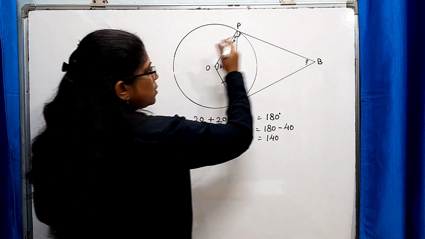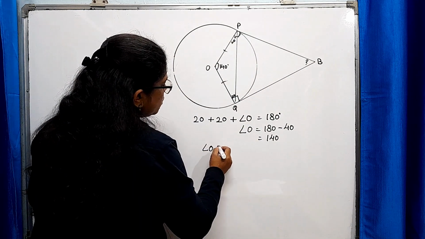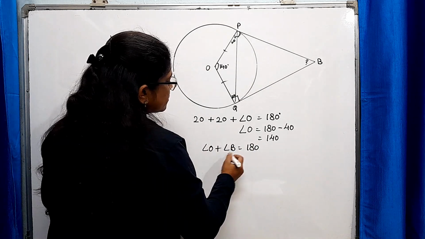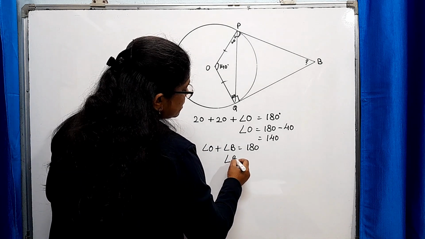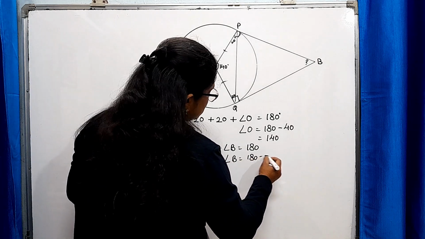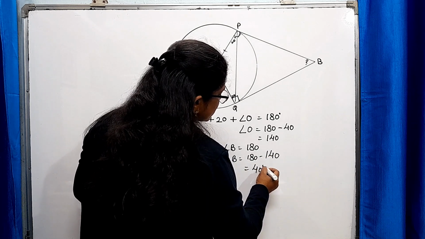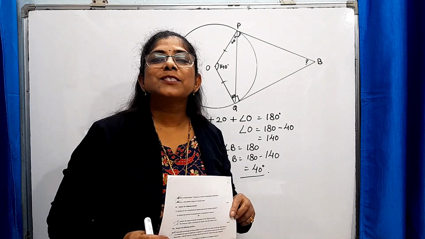So angle O plus angle B is going to be 180. We know angle O is 140. So angle B is 180 minus 140, that is 40 degrees. So the measure of angle B is 40 degrees.